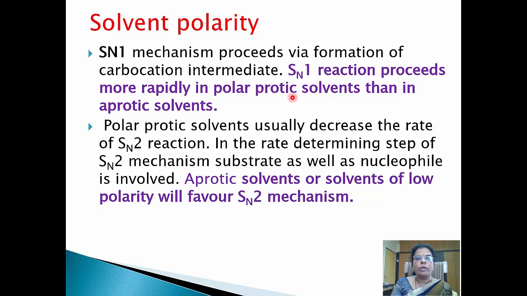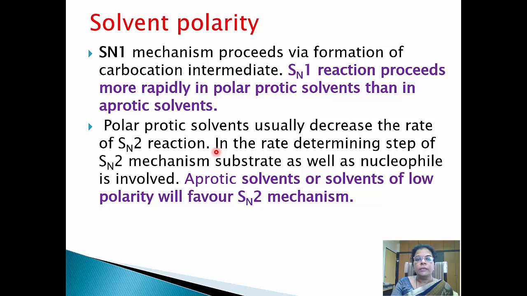That is, ionization of any compound occurs in a polar solvent, and therefore the SN1 reaction proceeds more rapidly in polar protic solvent. In case of the SN2 reaction mechanism, if we use a polar protic solvent, then this solvent decreases the rate of the SN2 reaction. In the polar protic solvent, the nucleophile becomes stabilized and does not react with the substrate, which decreases the rate of reaction.